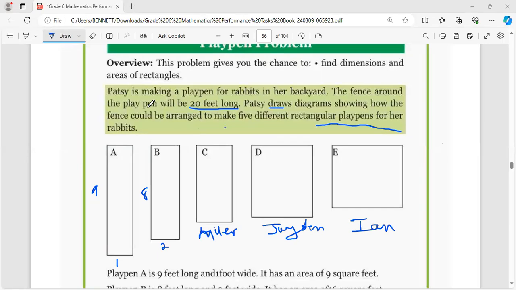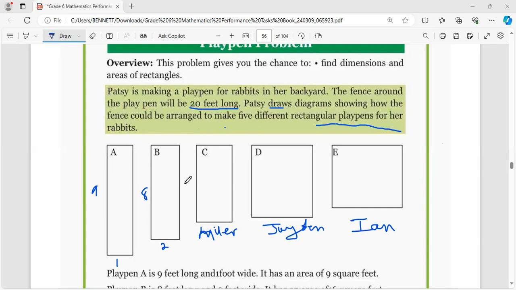So as for 7, they subtracted 8 by 1 to get 7, and they added 1 to 2 to get 3. And if we do the calculation, length plus width plus length plus width, you would get 20. 7 plus 7, 14. 3 plus 3 is 6.